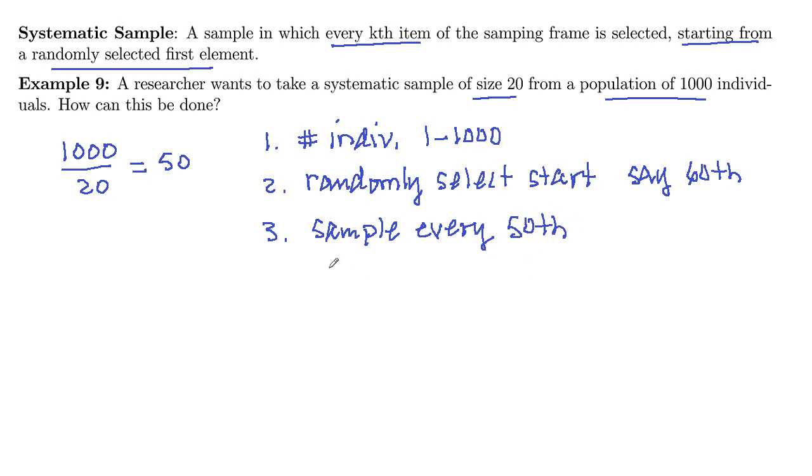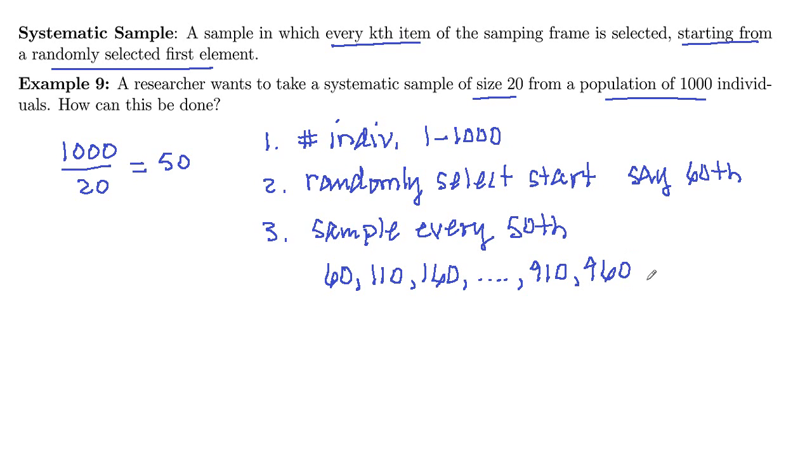So our sample is going to be person number 60, and then we'll add 50 to that, that's 110, and then we'll add 50 to that, that's 160, and we keep on going. So this is going to be 210, 260, we'll keep going, we'll get up to 910, and then 960.